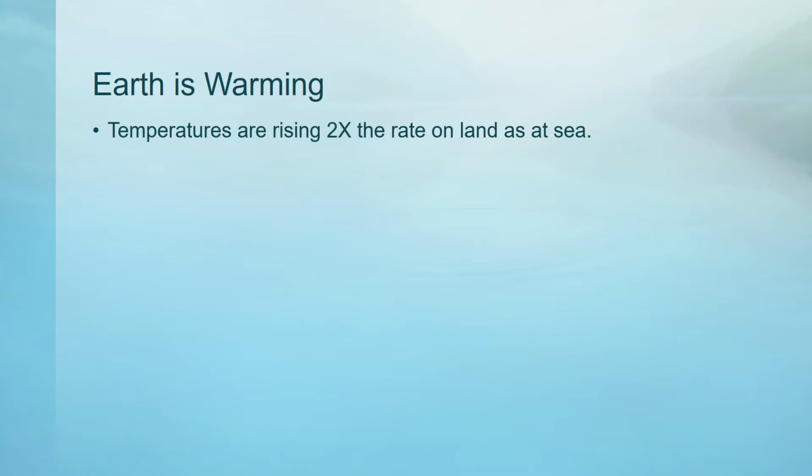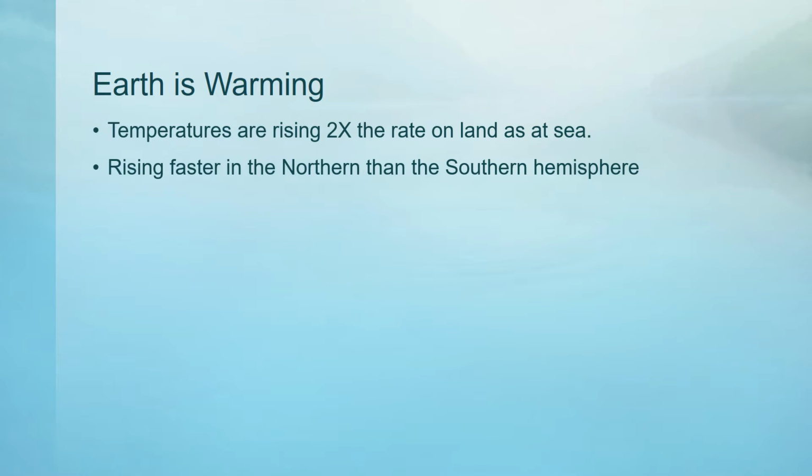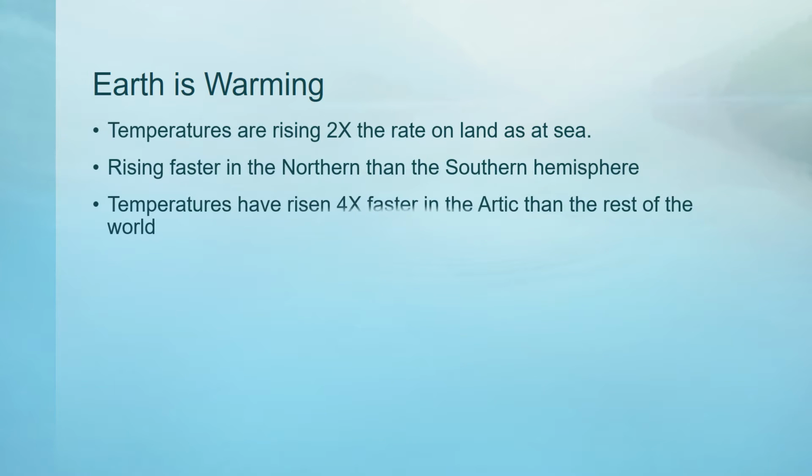As we said, the Earth is warming. Temperatures are rising at twice the rate on land as at sea. They're rising faster in the northern than the southern hemisphere. Temperatures have risen 4 times faster in the Arctic than the rest of the world. Now, you might say, well, the Arctic sea ice is already on open water, so its melting is not going to raise water levels.